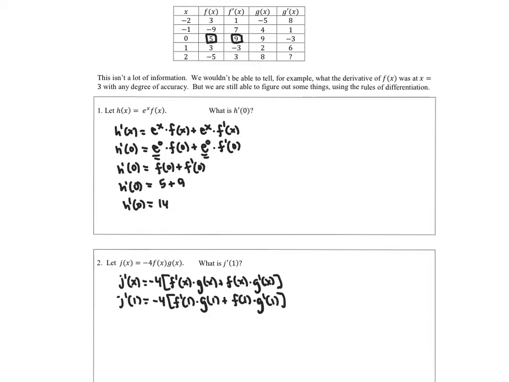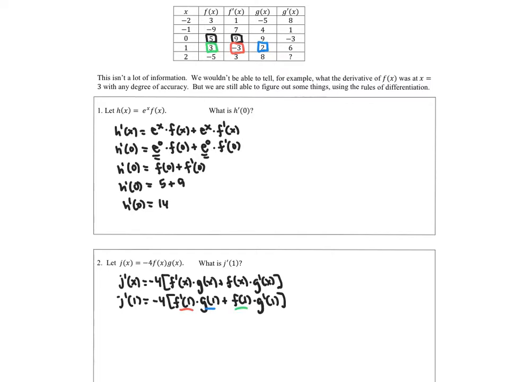Okay, so f prime at 1, what is that? That is negative 3. G at 1 is 2. F at 1 is 3.